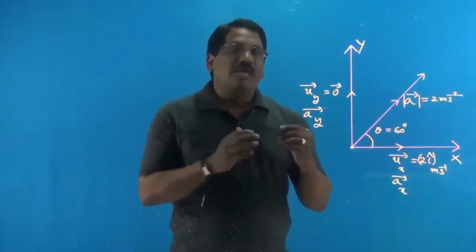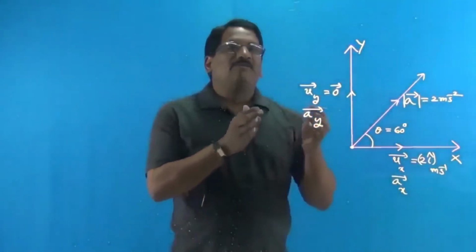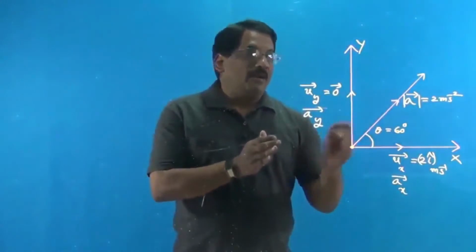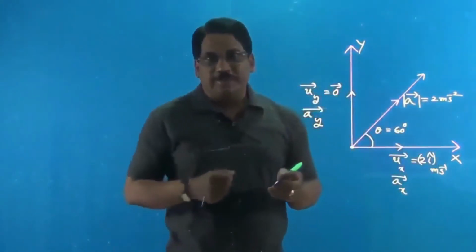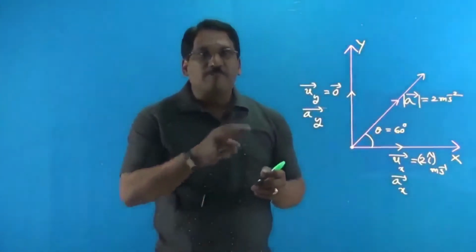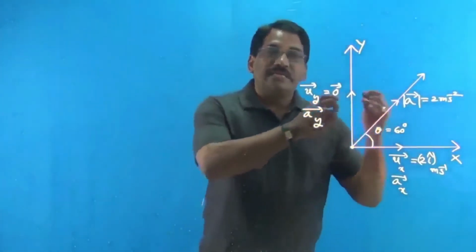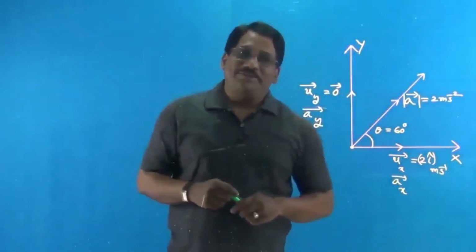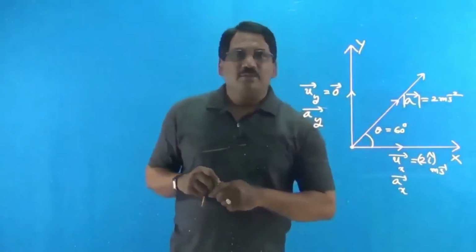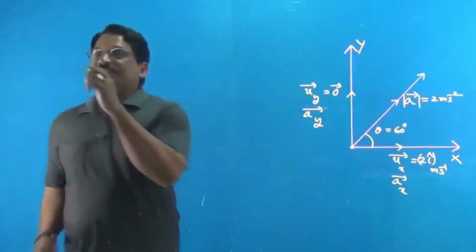Therefore, we have to calculate the velocity vectors along the x-axis after 1 second and along the y-axis after 1 second. And these two perpendicular components will have a resultant value of velocity that we have to calculate. So let's go ahead with the solution for this.